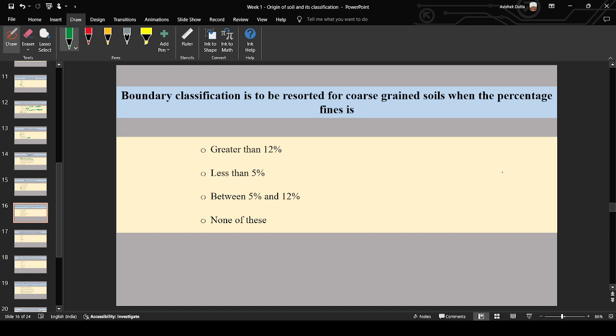In coarse grain soil, if it is sand or gravel, we have to check whether fine grain soil like silt or clay is present or not, and then check the percentage of the fine grain soils. As per the percentage, we can tell whether the coarse grain soil needs to be resorted for boundary classification or not.